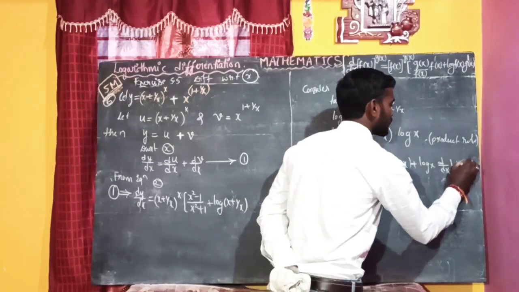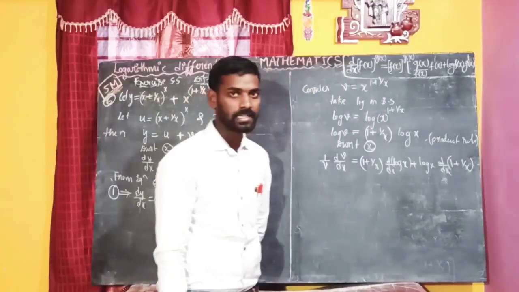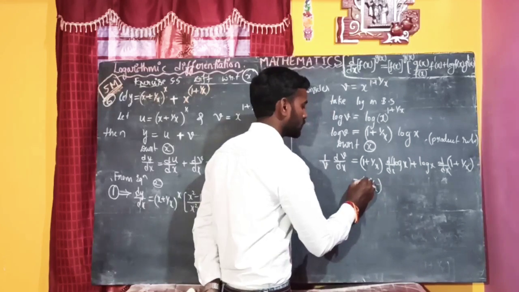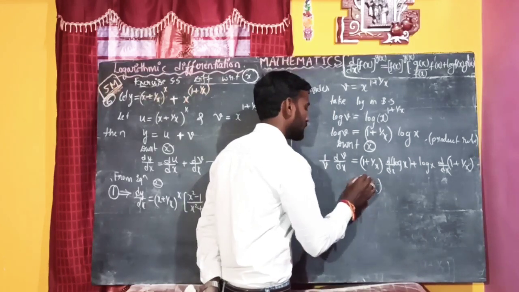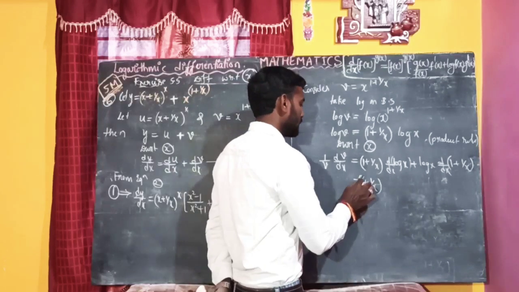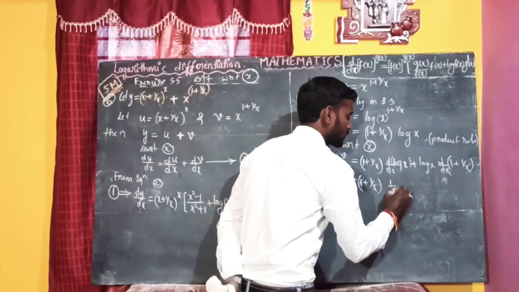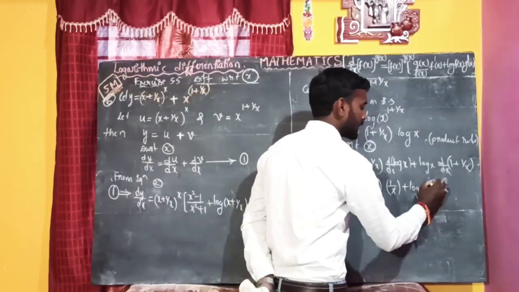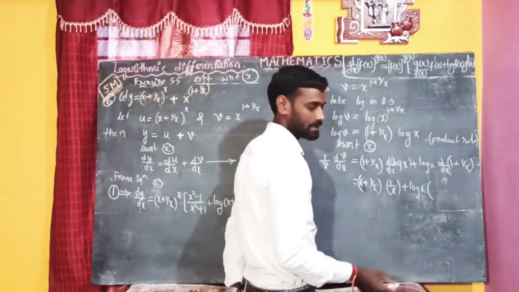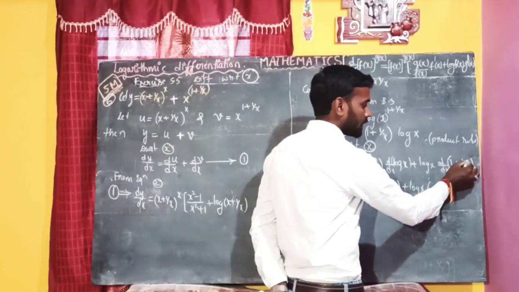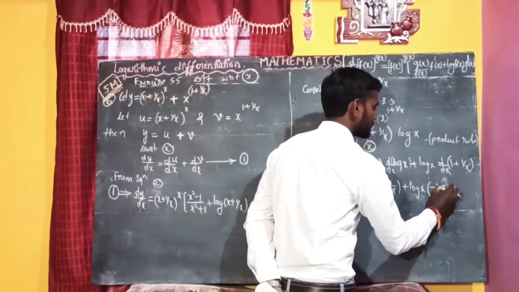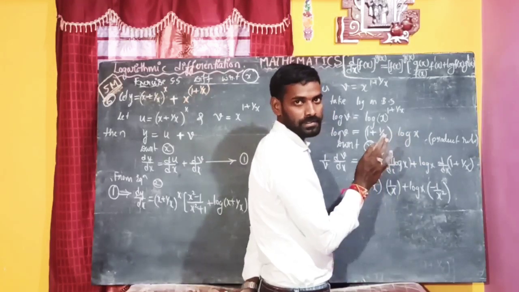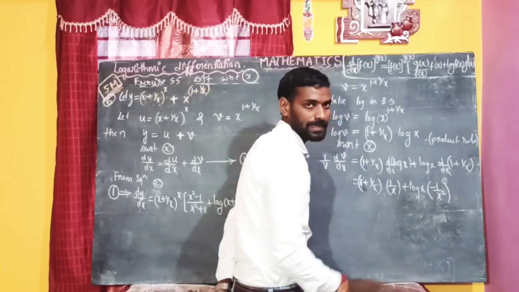Here 1 plus 1 by x as it is, into the derivative of log x, which is 1 by x, plus log x into the derivative of 1 plus 1 by x. The derivative of 1 with respect to x is 0, so I simply left that. And the derivative of 1 by x is minus 1 by x square.